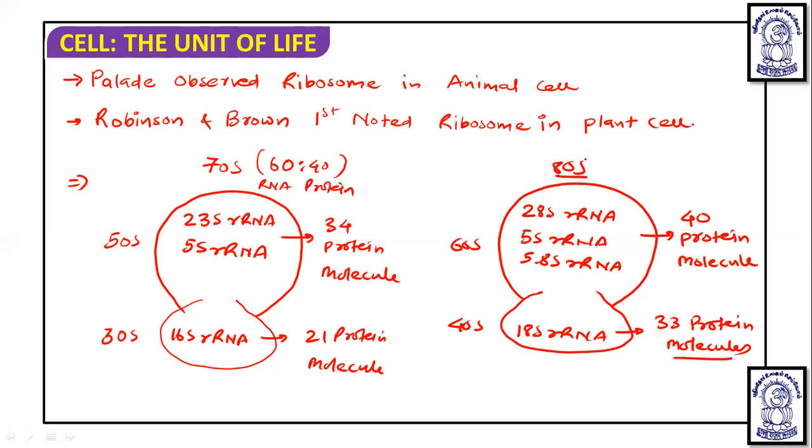In the 80S ribosome the RNA to protein ratio is 40 to 60. So this is the composition of the 70S and 80S ribosomes.